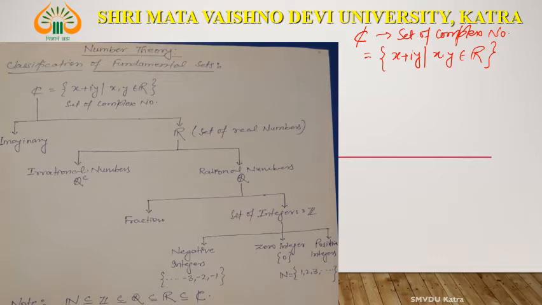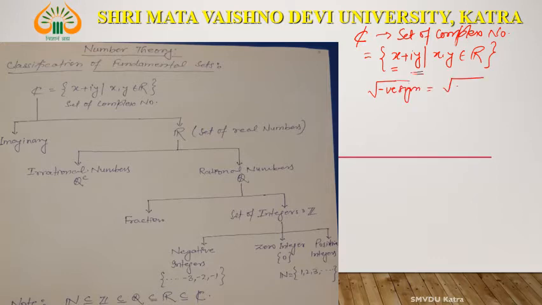Right? Then there are two parts. One is the imaginary part and one is the real part. Imaginary numbers are those which have a square root of some negative number inside.